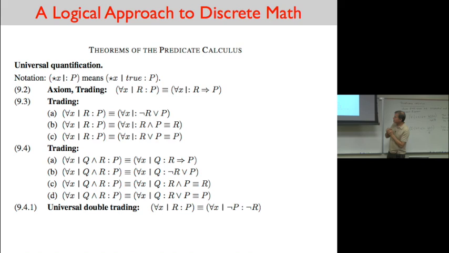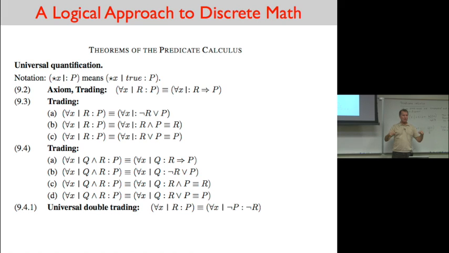So what's it saying on the left-hand side? If you have for all x satisfying range R, that's equivalent to saying for all x, for every possible value of x.